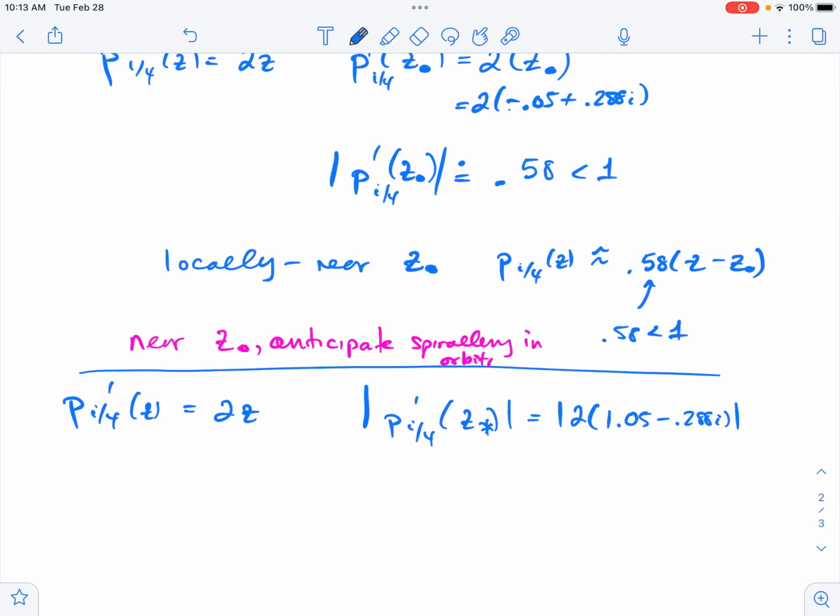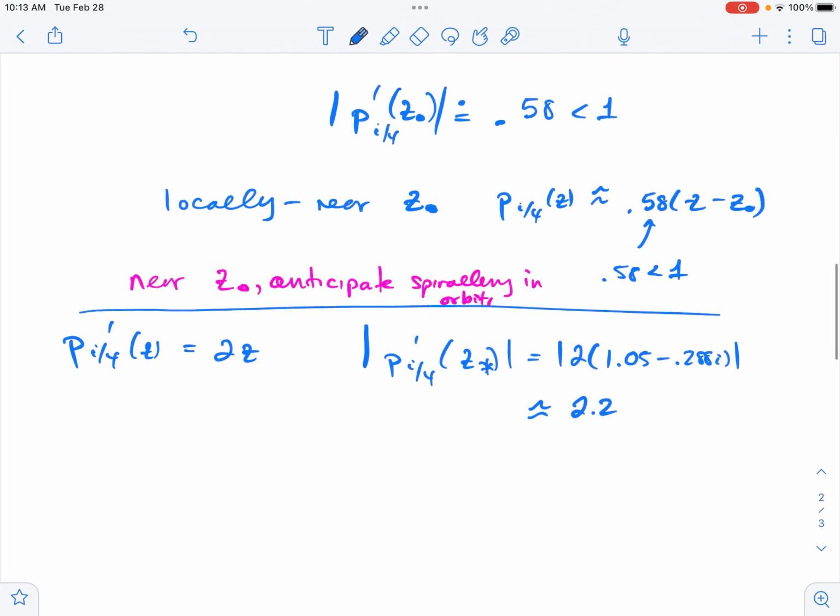And if I run that calculation, what I get is about 2.2, which is to say that near z star, p_{i/4} of z is about equal to 2.2 times z minus z star. That's a way of thinking about the linear approximation there.